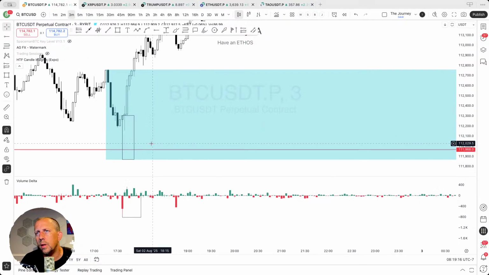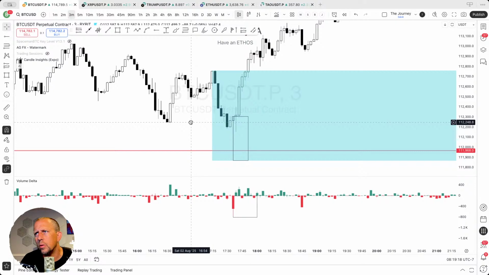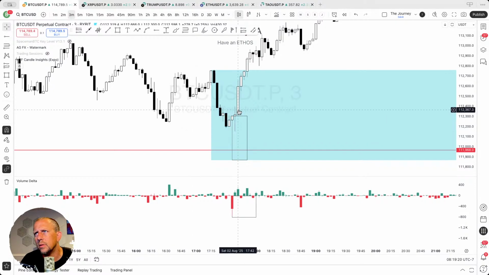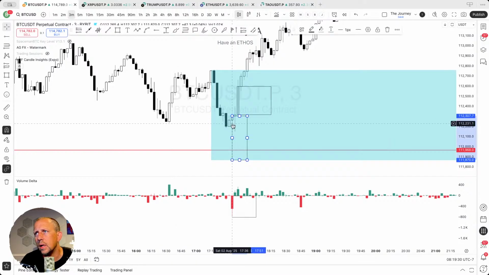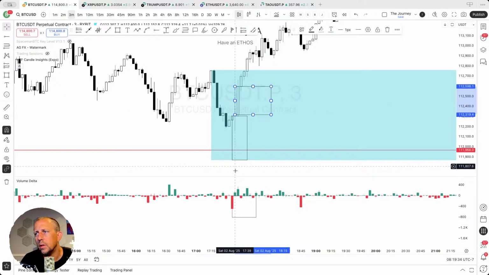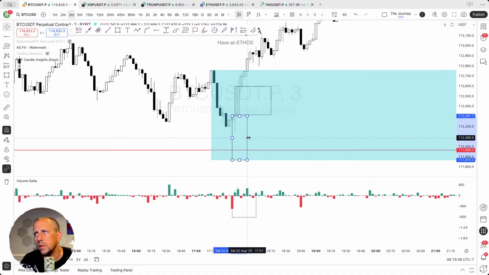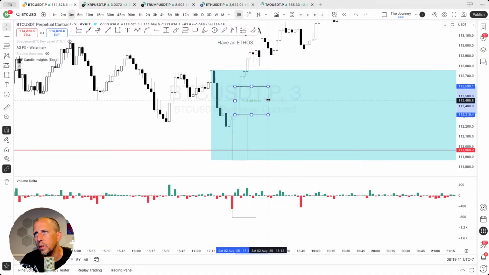So the moment that price surpasses this candle, you are trapping those positions already. Those positions are already getting trapped, because we know they entered inside of this candle, and price is already above that candle. And we know that it was negative delta. So if those are open positions, they are trapped by this point.